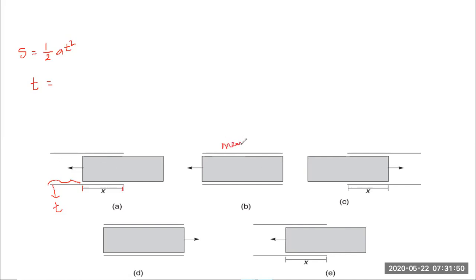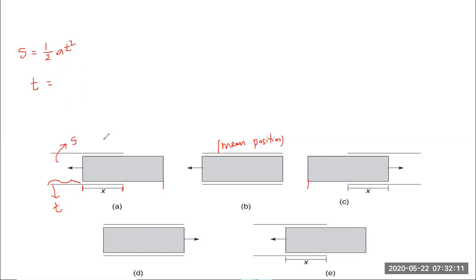When the dielectric is completely occupied between the plates of the capacitor, treat it as the mean position. This is one extreme end, and this is the other extreme end. Then this is going to be the displacement or amplitude.